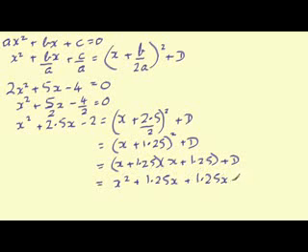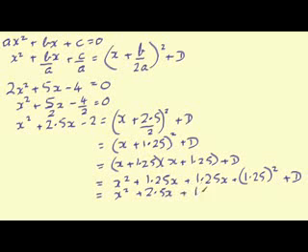And 1.25 times 1.25 gives 1.25 squared, which we'll leave for the time being, plus our d. If we bring the equation down and collect these terms again: x squared plus 2.5x plus 1.25 squared plus d.